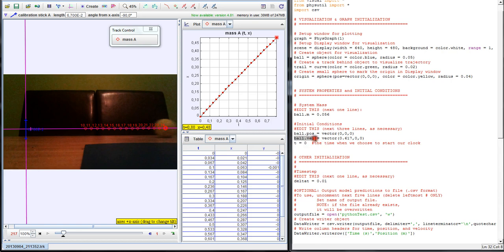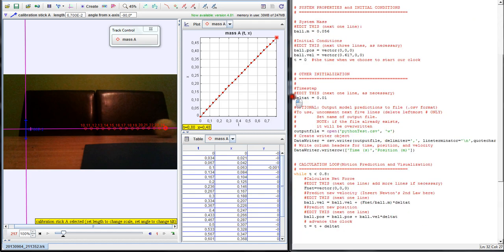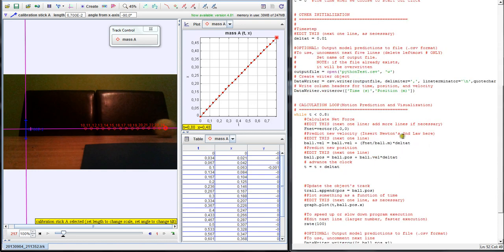The initial velocity of our ball in vectorial component form, just like this one, is 0.016 along the plus x-axis, 0 on the y, 0 on the z. Delta t, which iterates here in this loop, is set to 0.01 seconds. This exports our CSV file.